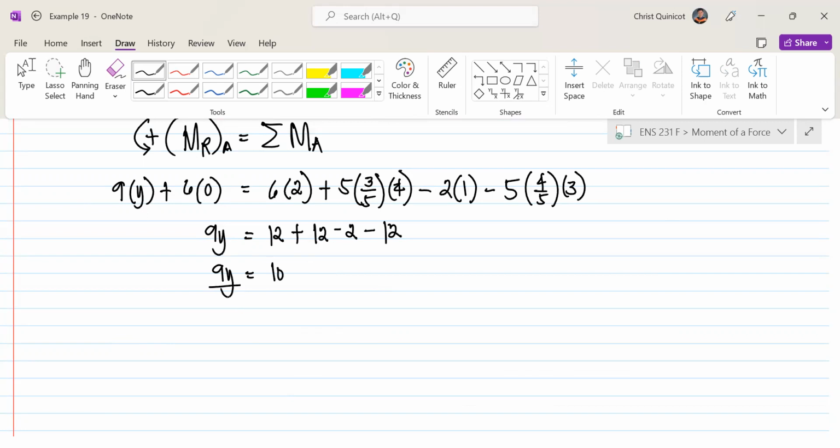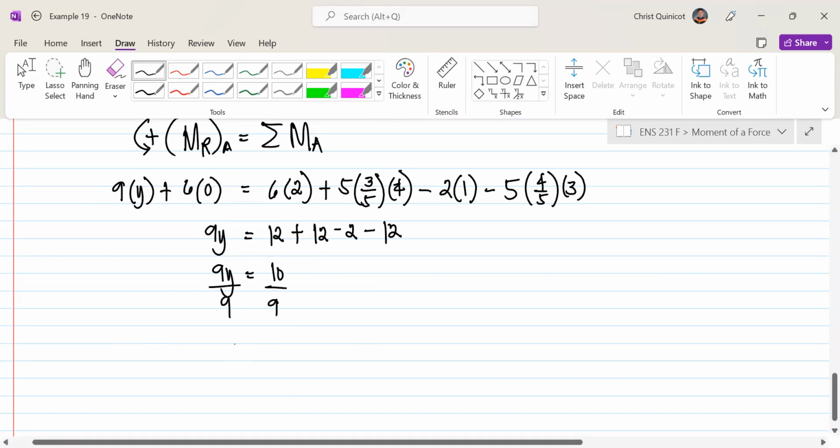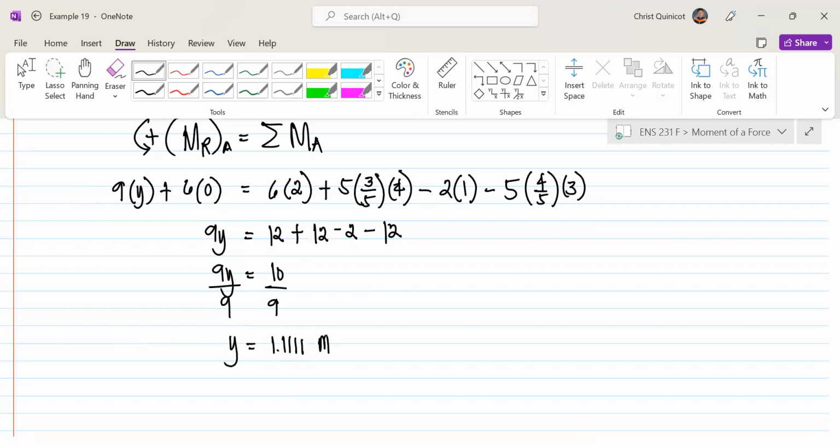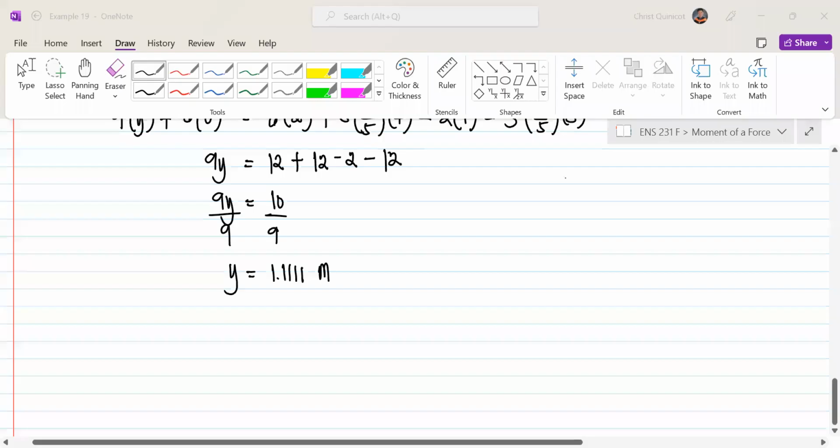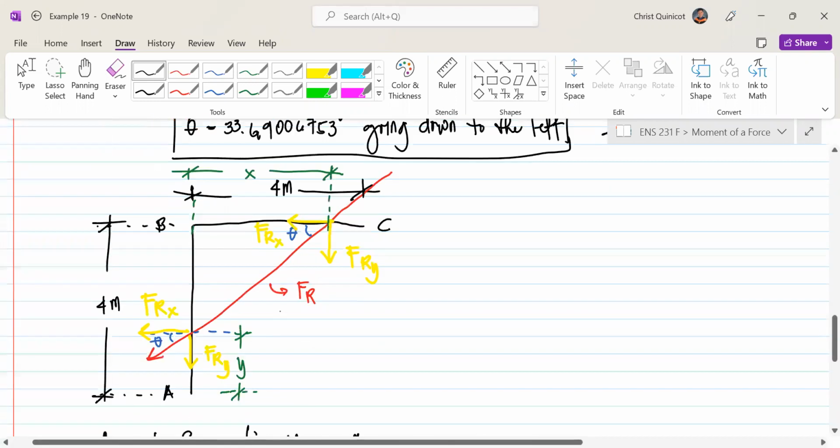So divide both by 9, y is equal to 10 divided by 9, that's 1.111, or 1.1 repeating meters. We box this one because it is the point where our F sub R passes through column AB, measured from A.